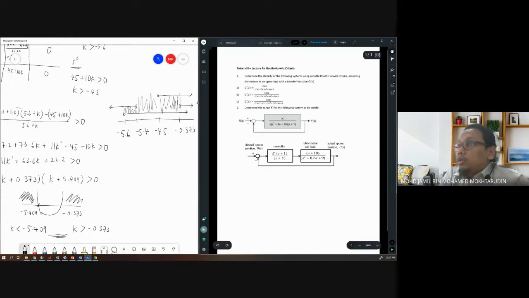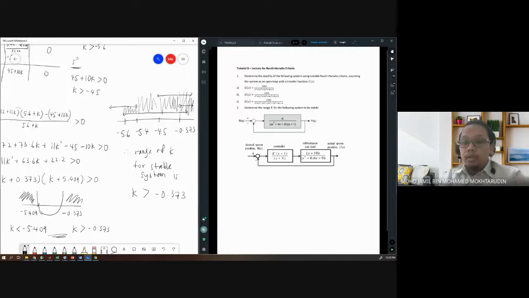So you need to take the last range here because it intersects all of the lines. So the range of k for a stable system is when k is bigger than negative 0.373. Okay, so the other ranges are not accepted, as they do not cause the system to be stable. Only k bigger than negative 0.373 will make the system stable.